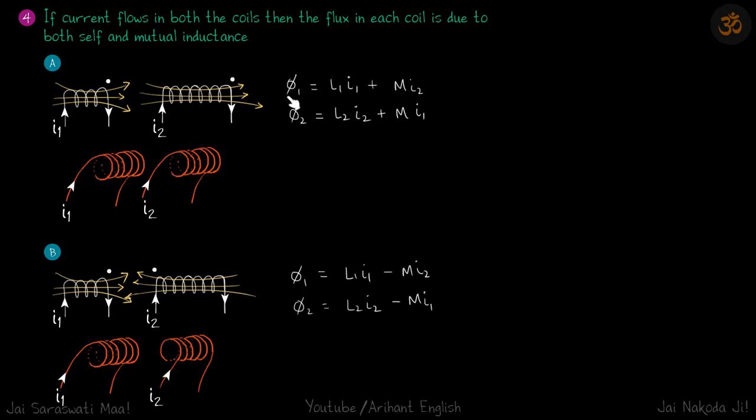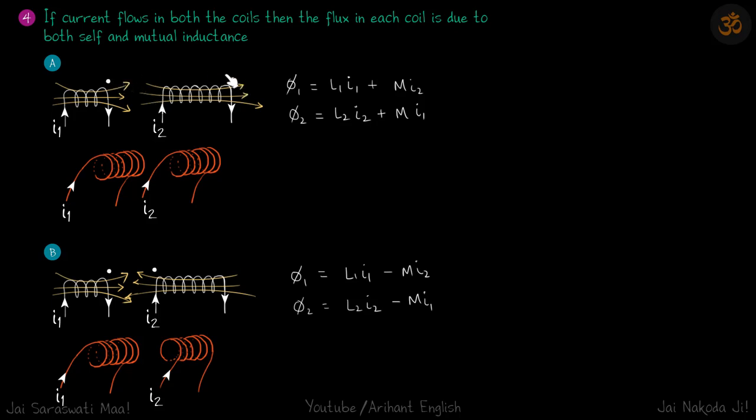So phi 1 in this coil is due to its own current and due to the current in the second coil, and the proportionality constants are L1 and M. So phi 1 is equal to L1 I1 plus M I2. And phi 2, because of its own current, is L2 I2, and because of the mutual induction, M I1.